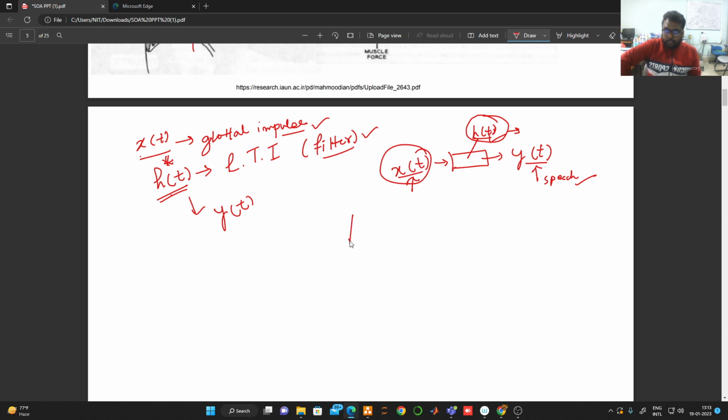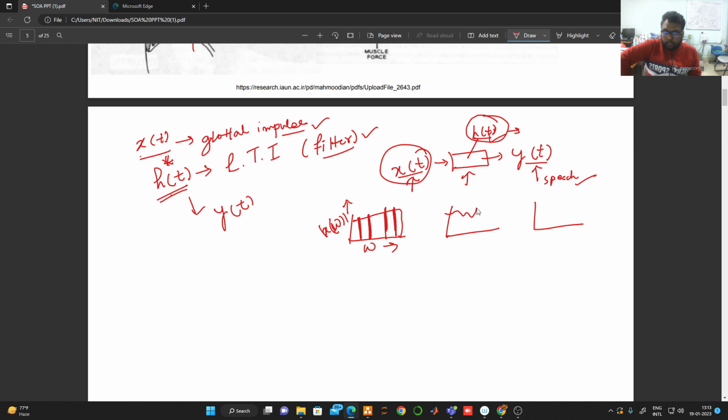So I can represent it, say for example, with this axis as the frequency omega, and this as the power or intensity. So we have different frequencies. Now, say the glottal shape, and based on the vocal tract, the shape of the vocal tract is kind of a filter.